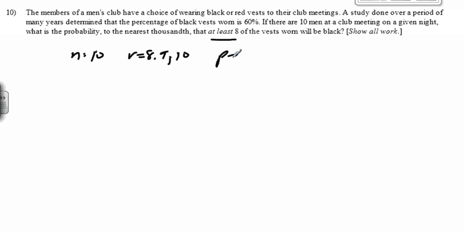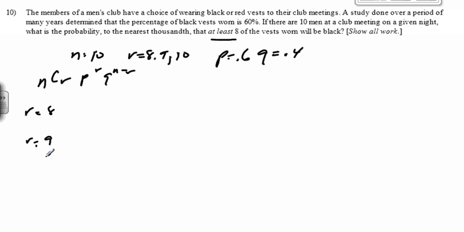And P is equal to 0.6, means Q is equal to 0.4. So we start with our formula of NCR, P to the R, Q to the N minus R. We're going to do it when R is equal to 8, R is equal to 9, and R is equal to 10.